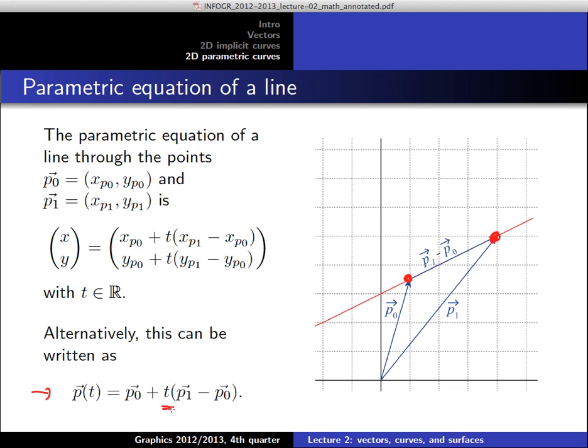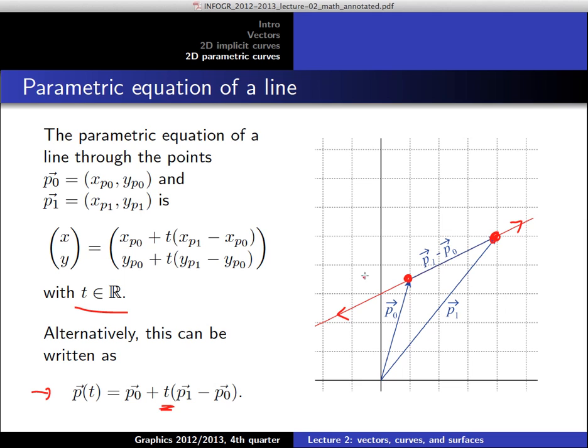So remember, we had the scalar multiplication, which is a multiplication of a vector with a scalar value that basically just changes the length of the vector, or if it is negative, it changes direction to the opposite direction. So by choosing all values t from R, all possible continuous values, we can calculate each point on the line in this direction.